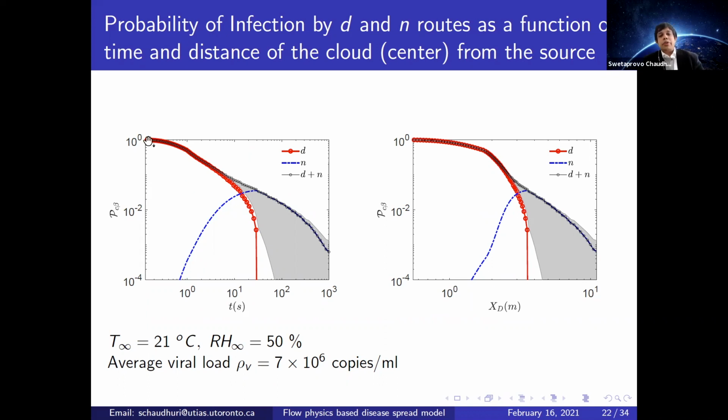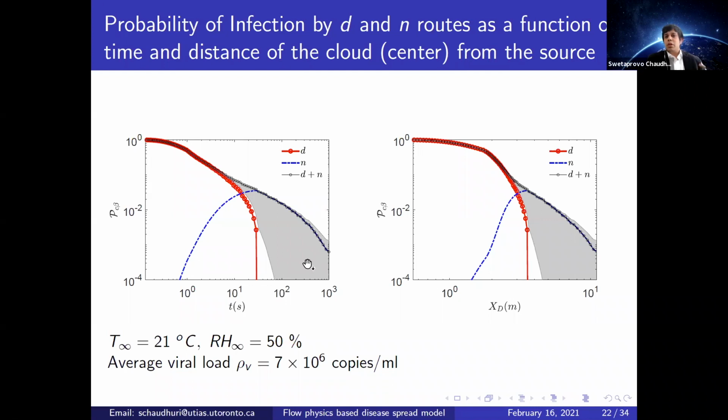And clearly, the probability of infection reduces as we move in time or in distance. And this is because the droplets are evaporating, and more importantly, the droplet cloud or the jet is diluting because it is entraining air. Okay, this dilution is a very important effect. After some time, the droplets essentially evaporate and they vanish.